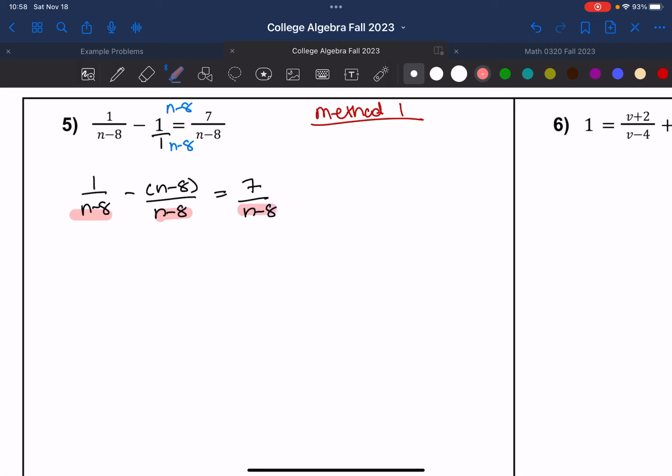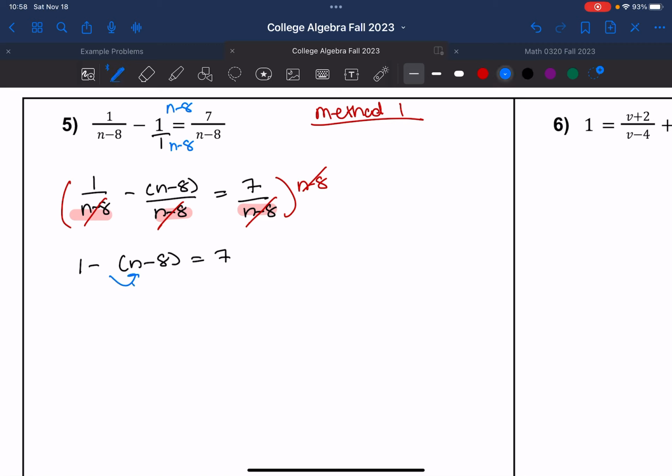Now that I have that, I'm going to multiply this entire thing by n minus 8. And what that's going to do is get rid of all those fractions. So that means I'm left with 1 minus n minus 8 is equal to 7. Okay.